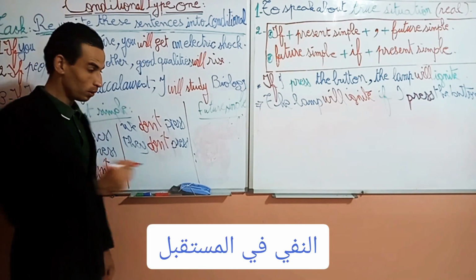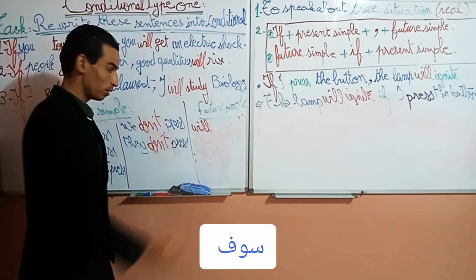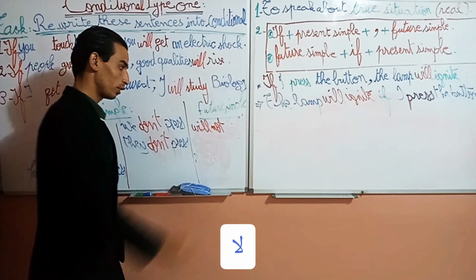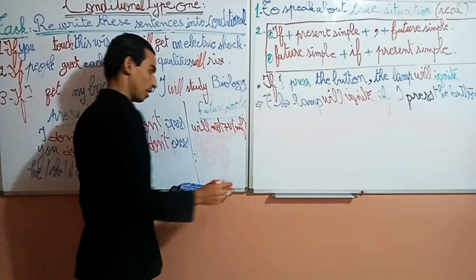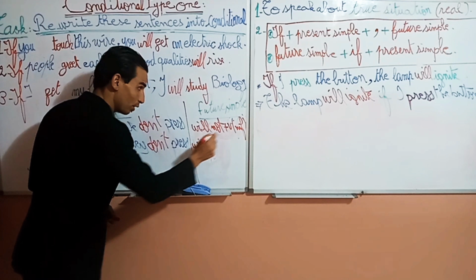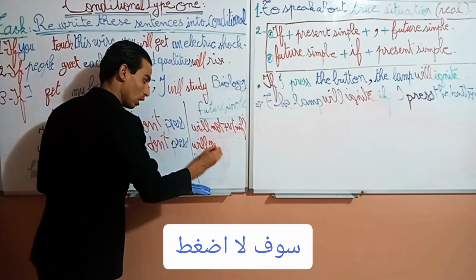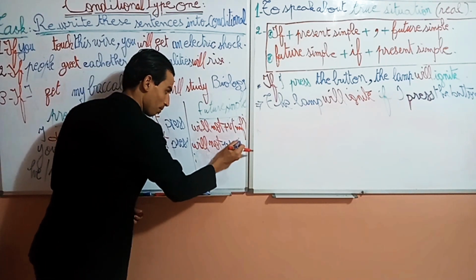Future simple, we write will not plus verb in infinitive. Example, the verb press: will not press.